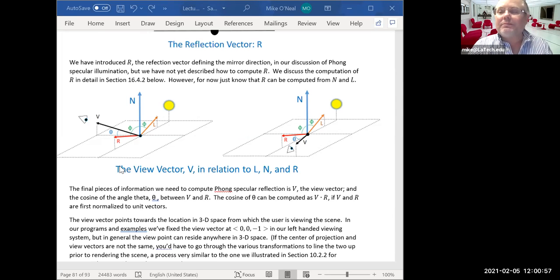You can set the viewer up to be anywhere, but when you go to actually do the projection, you have to go through all those equations that we covered a long time ago about rotating around an arbitrary line in space to line up this line with the z vector. So you basically have to rotate everything in the world through those equations.